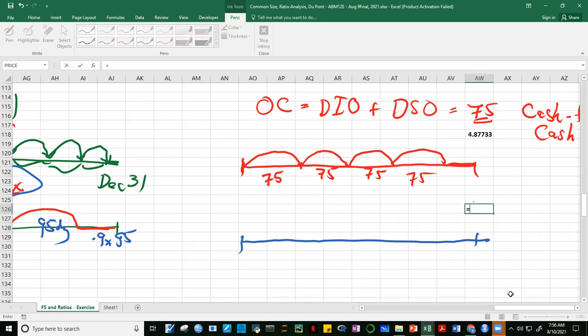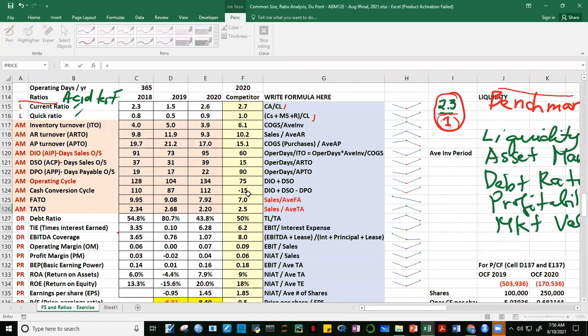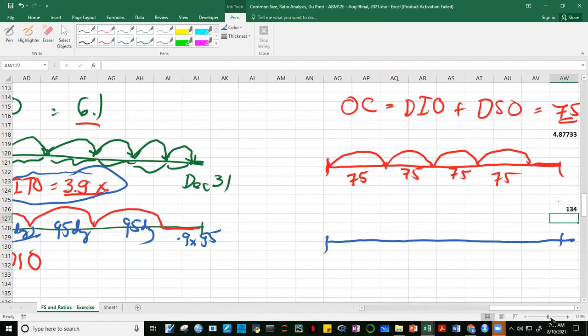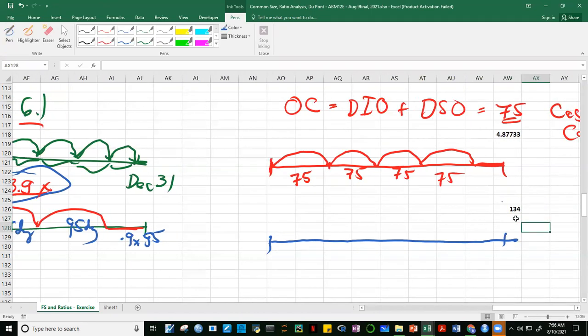It takes us 134 days. And how many times a year yan? So 365 days divided by 134. So that's only 2.73 times a year.